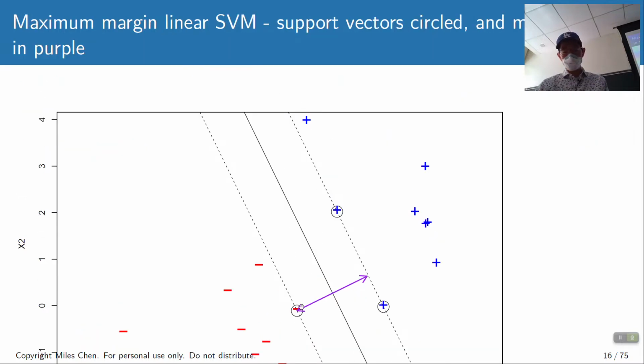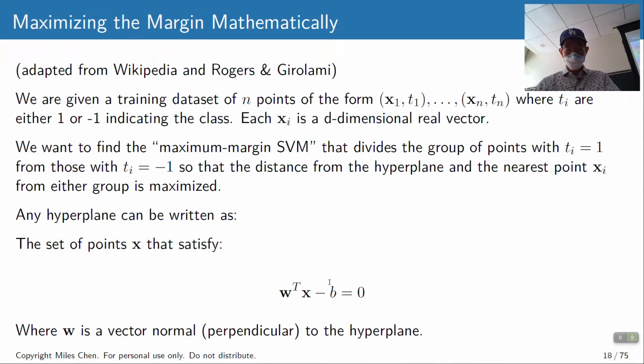So w is a vector that at least points in this direction. If we take w transpose x, x being all the points that lie along here, the product between any point along here and a vector that defines this is going to be 0, right? And so we have that, okay?